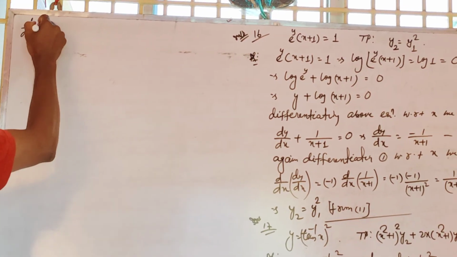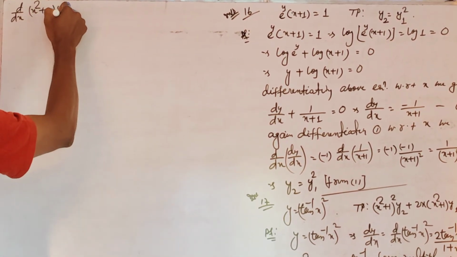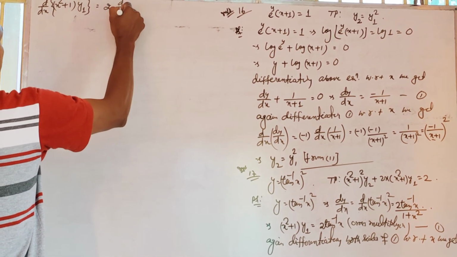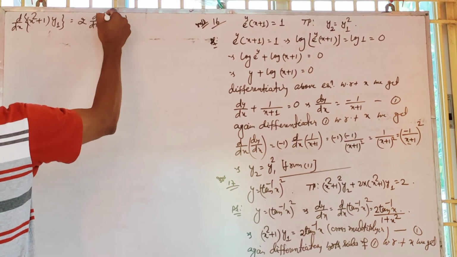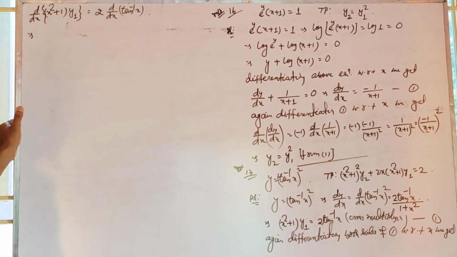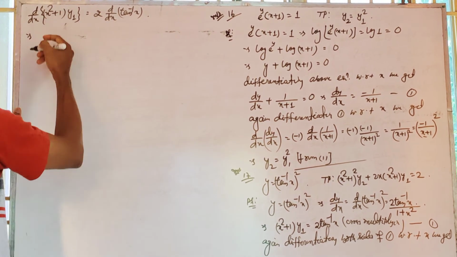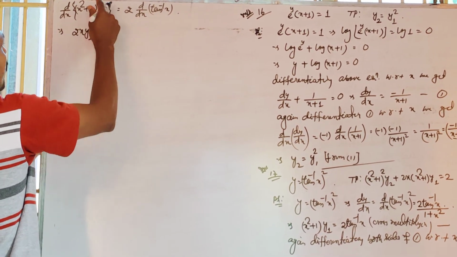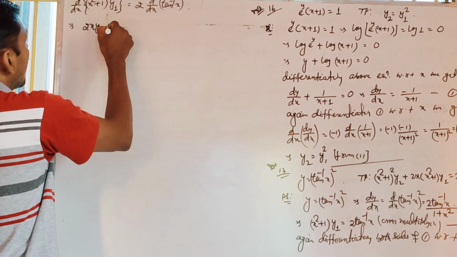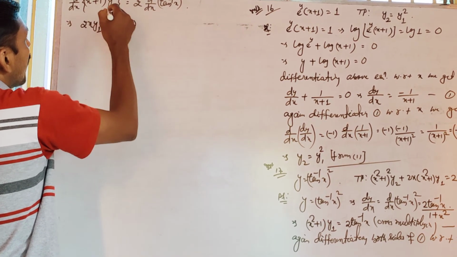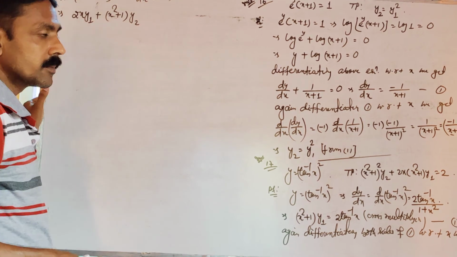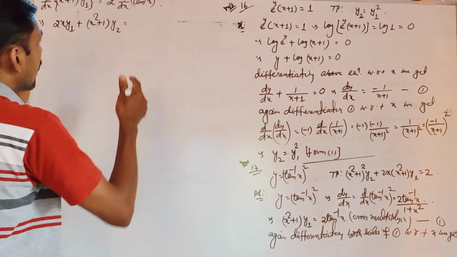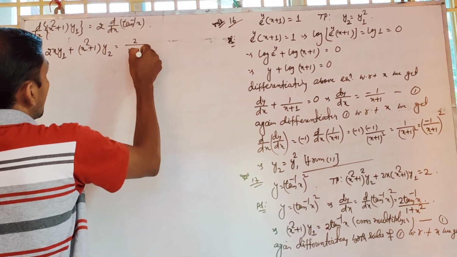d by dx of x square plus 1 into y1 equals 2 into d by dx of tan inverse x. On the left hand side we will use the product rule. First, derivative of x square plus 1 is 2x into the second term y1, plus first term into derivative of y1, which is y2, equals the derivative of tan inverse x, direct formula is 1 by 1 plus x square, so it is 2 by 1 plus x square.